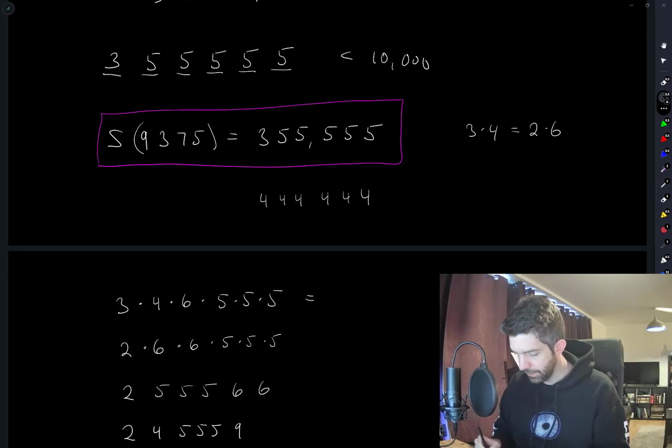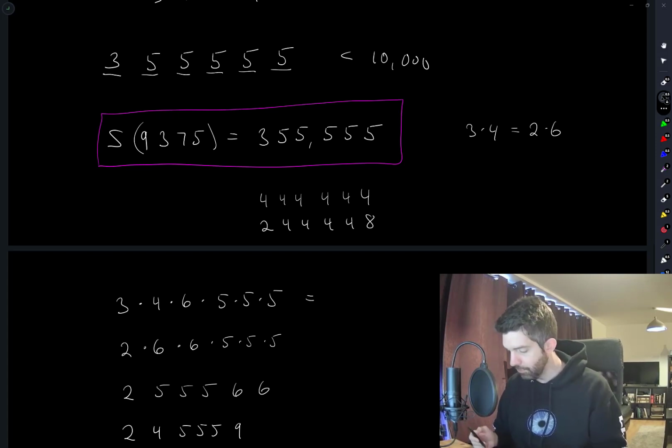But a 4 and a 4 can be replaced with a 2 and an 8. So it's the same as 2, 4, 4, 4, 4, 8. And a lot of these other ones can be replaced as well. So like this certainly will not work. Yeah, I'm going to stick with this for now.